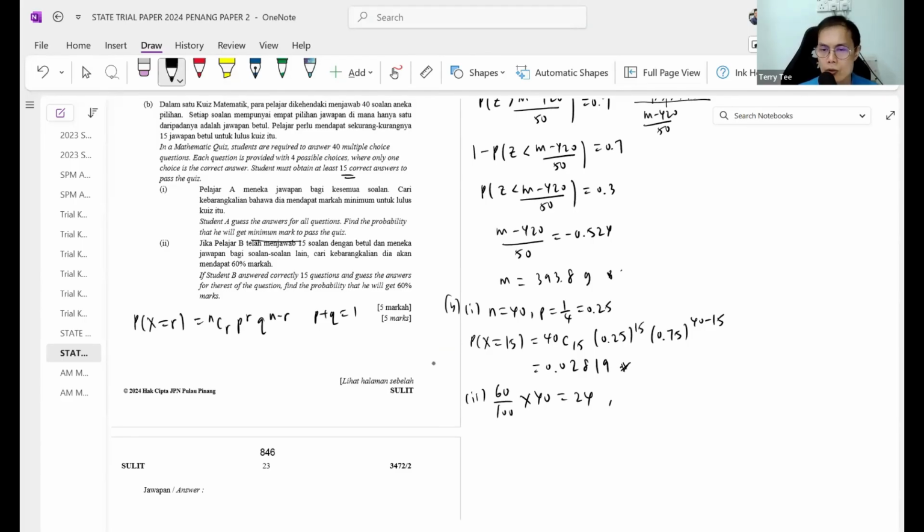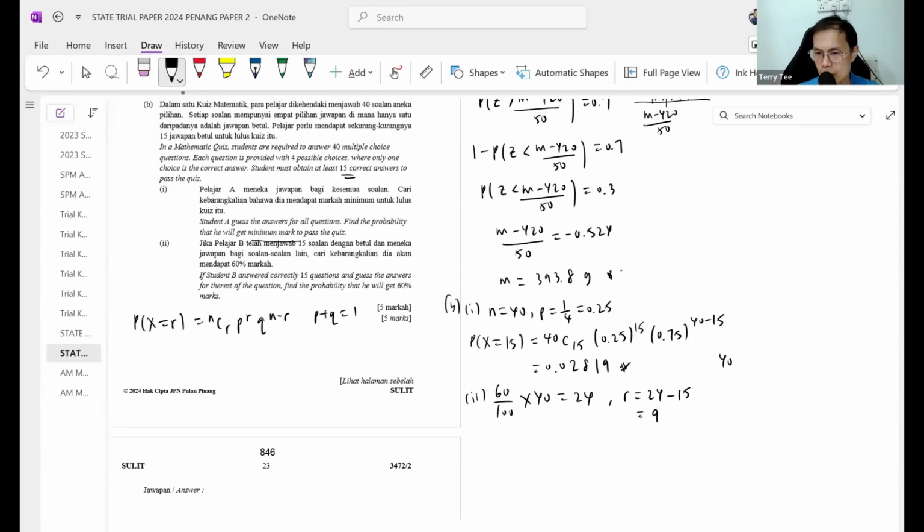Now, we also need to know how many questions he guessed. You can take small x or r if you like. Maybe I use r, the formula nCr. r will be 24 minus 15 because he already answered 15 questions correctly. So he needs to answer 9 questions correctly from the remaining questions.